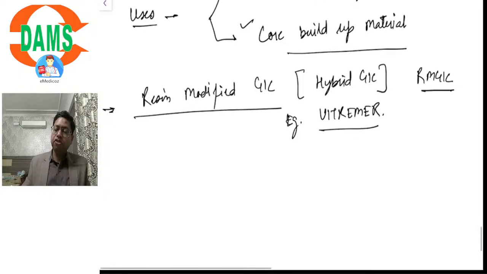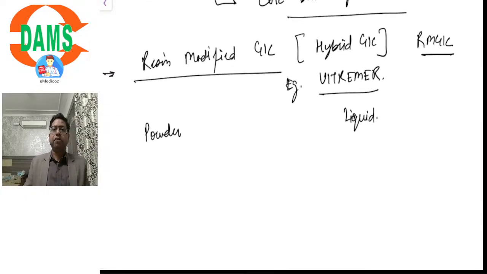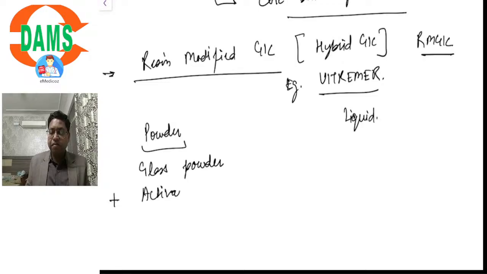So what is the composition? The composition basically consists of a powder and liquid system. The powder is basically the same glass powder that we have seen for conventional GIC, plus it consists of an activator-initiator system.